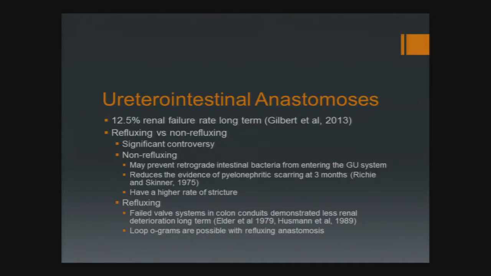That's supported by some evidence from the mid-70s that demonstrated that the amount of renal scarring in the patients who got a non-refluxing anastomosis was actually reduced at 3 months.